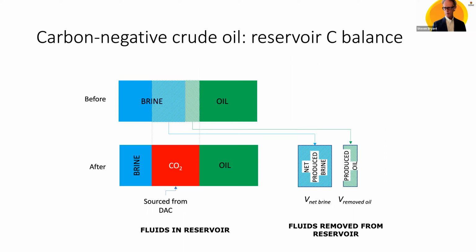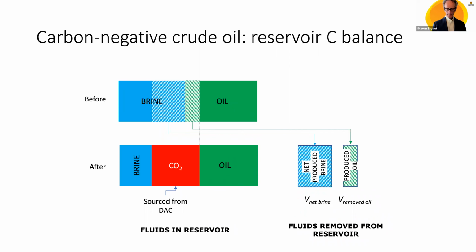So the sum of those two volumes, the produced brine volume and the oil volume that they occupied in the reservoir, that's where the CO2 that we're going to capture from the atmosphere is going to go. Essentially the management of this has to do with how much brine you store somewhere else.